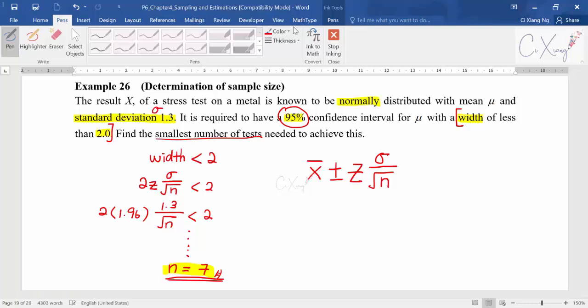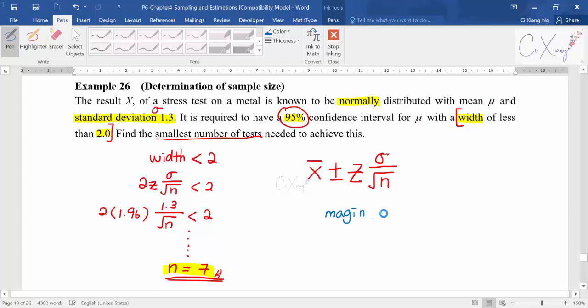Sometimes in some books, they will ask you to find the margin of error of mean. Margin or marginal error of mean.